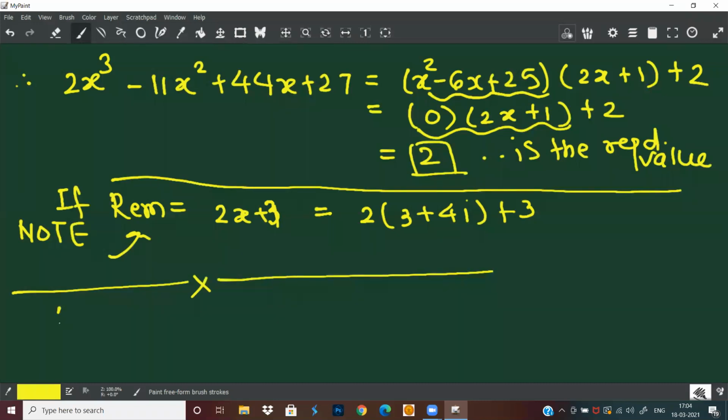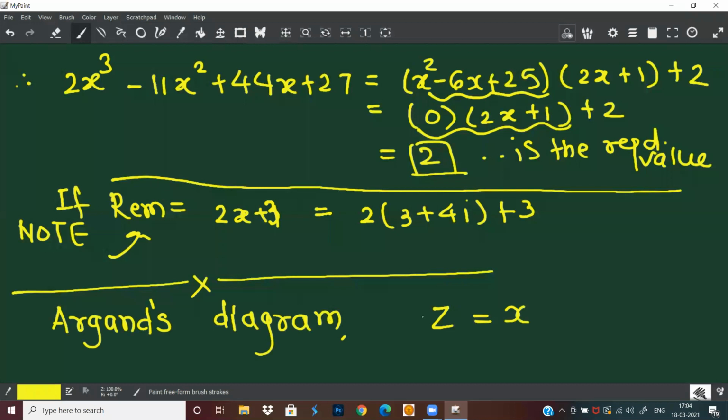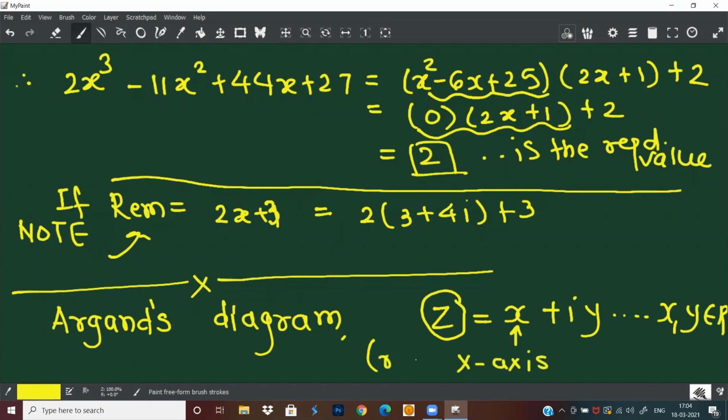You know Argand's diagram I told you last time? The complex number we show as Z, x plus iy, where x and y are both real. The real part is shown on the x-axis.